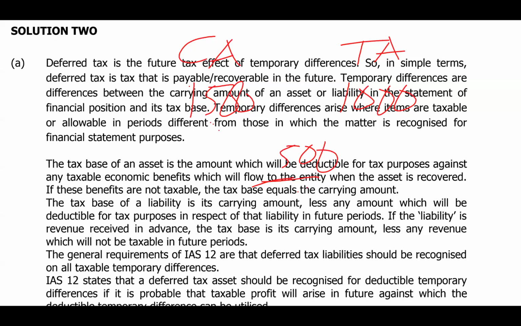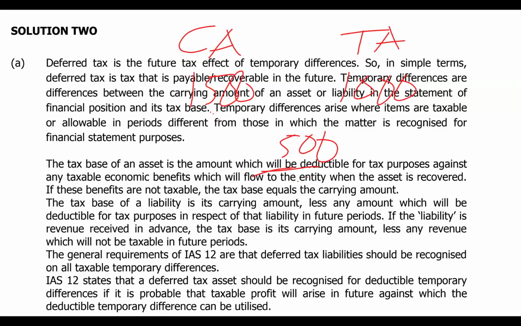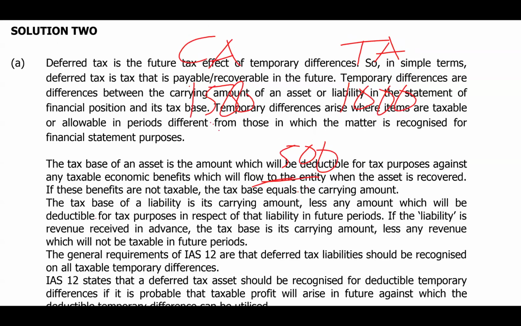This is very important to use when you are doing the calculations in the assignment, or even in exams. So you need to get it. This is the 500 difference I'm talking about. Now, I said it is a temporary difference.